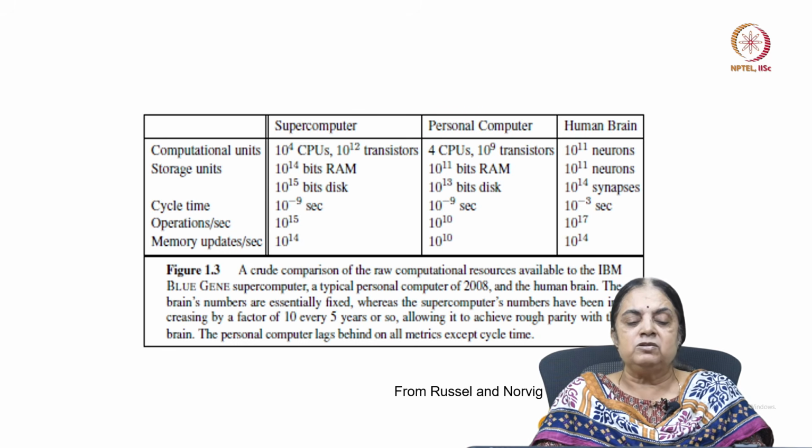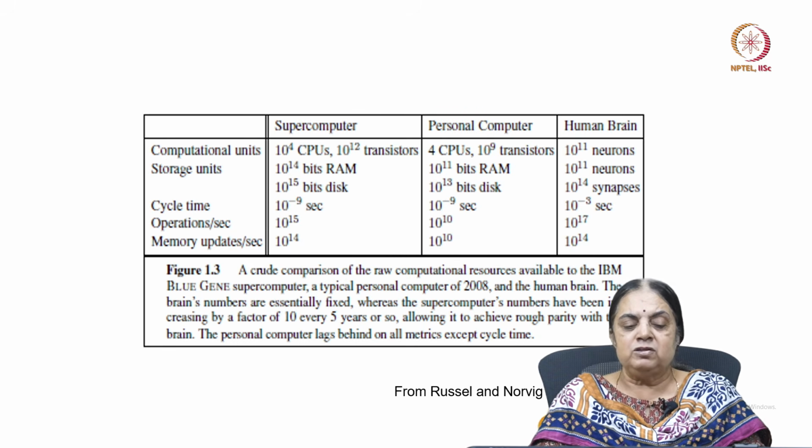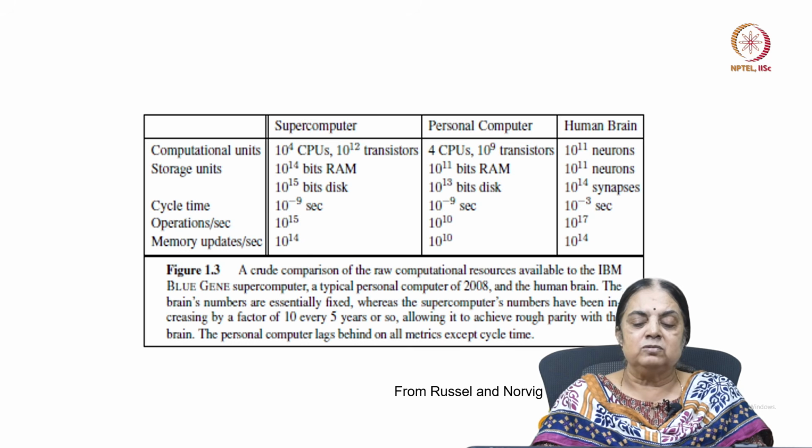But when you look at the supercomputer, you find it is coming closer and closer to what the brain can do, okay? Except for the cycle time: the cycle time of the human brain is very slow compared to computers. That's the difference over here. So we'll stop the second lesson at this point in time.